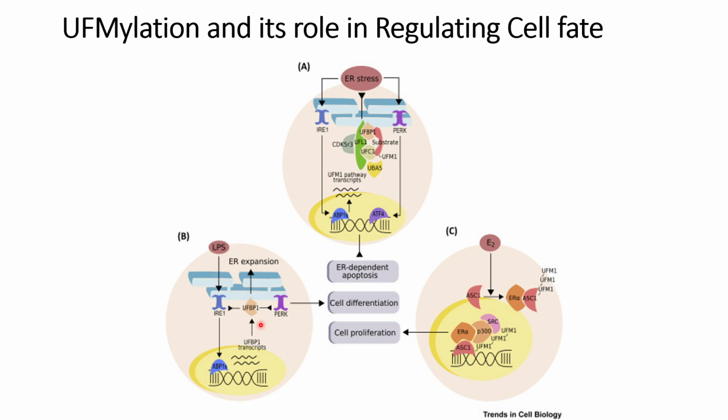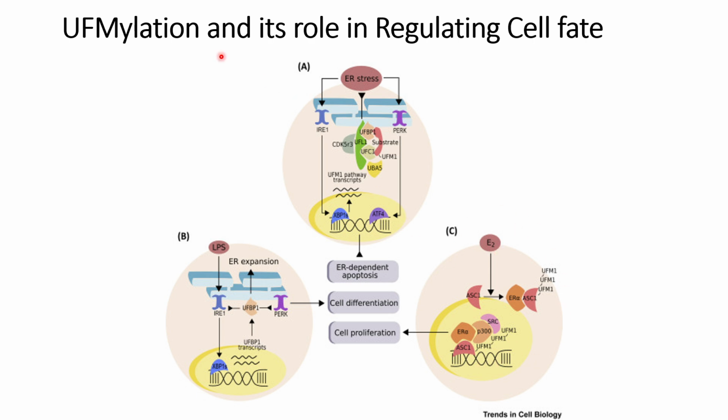And this expansion of the ER will cause the B cell differentiation. So this is one of the examples that have been observed in B cell differentiation.